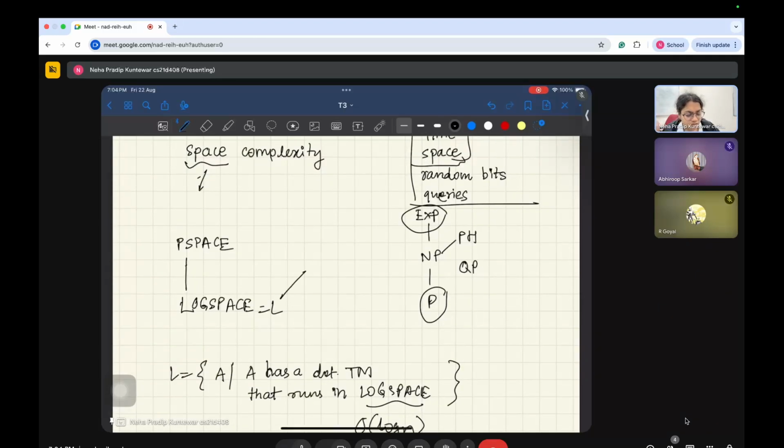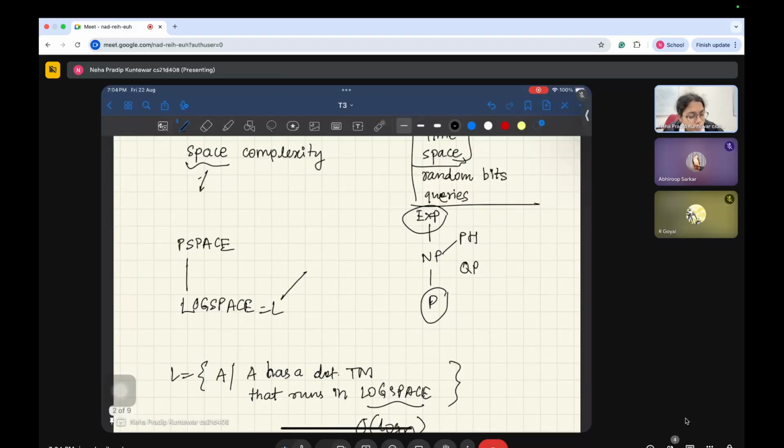Then you can also think of the non-deterministic counterpart of this. Similar to P and NP, if instead of a deterministic Turing machine I give you the power of a non-deterministic Turing machine, then the set of all languages that have a non-deterministic Turing machine computing them and running in log space will naturally be the class NL.